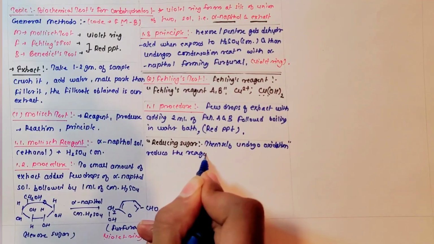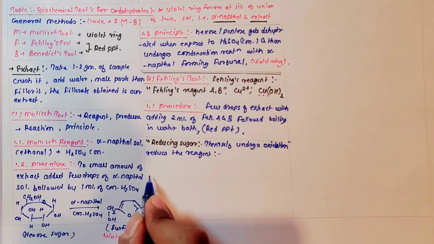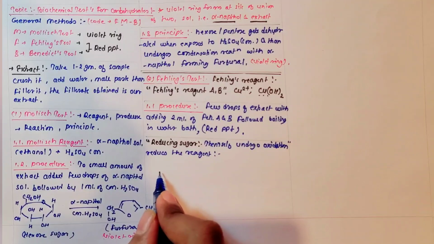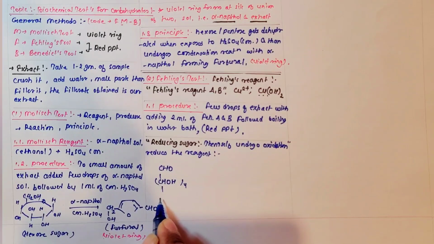So what is happening here? Let us take the example of a reducing sugar, like CHO, CHOH4, and the last group CH2OH.